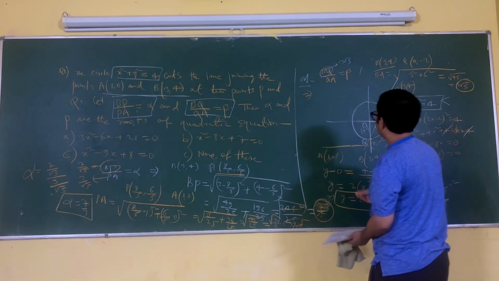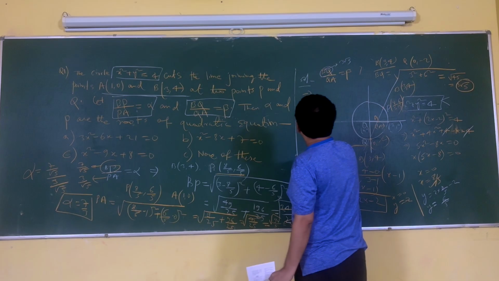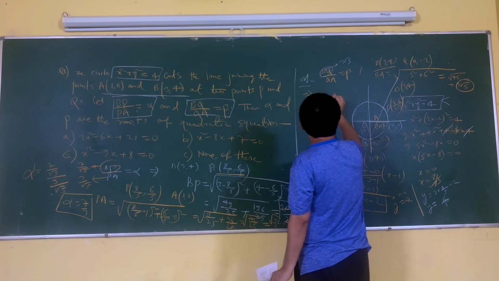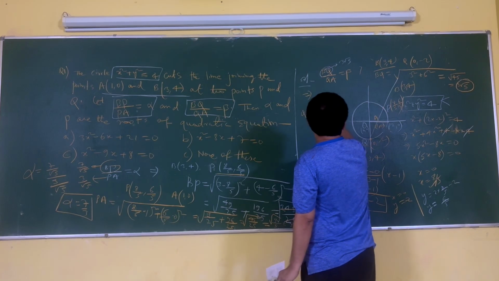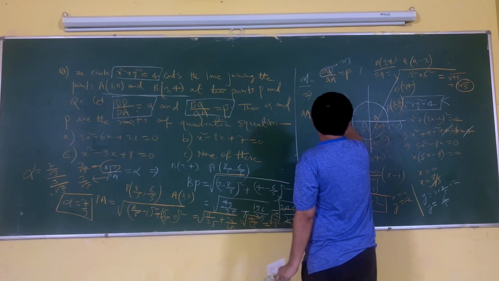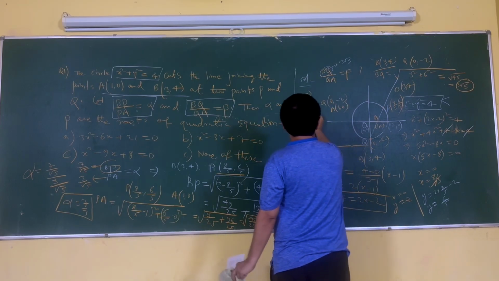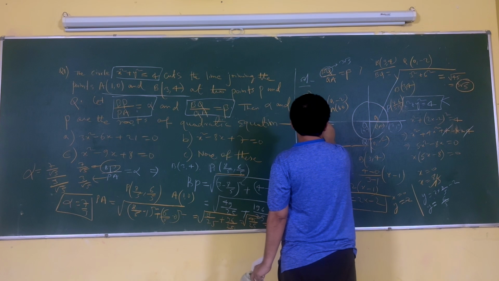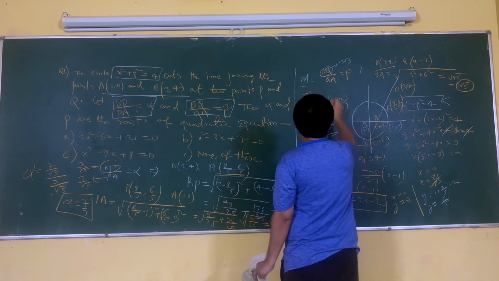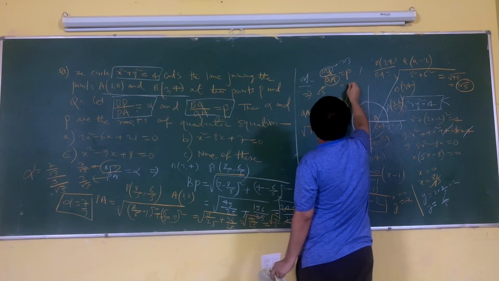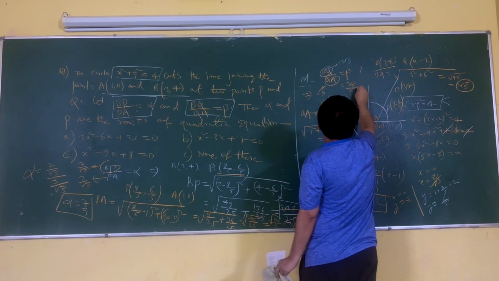Now QA. The coordinate of Q is 0 comma minus 2 and A is 1 comma 0. So QA will be root under 1 square plus 2 square, so root under 5. So QA is root 5. So it will be 3 root 5 upon root 5.